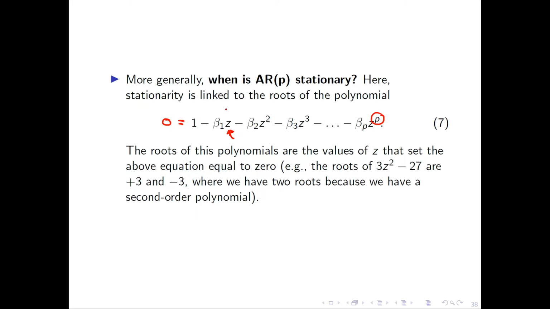The coefficients here are from the regression that you make, so you can just type in 1 minus the regression coefficients and the terms here, and make, for example, Stata solve this equation and give you the roots. And for the math savvy of you, it's enough that the roots are outside of the unit circle in the complex plane.